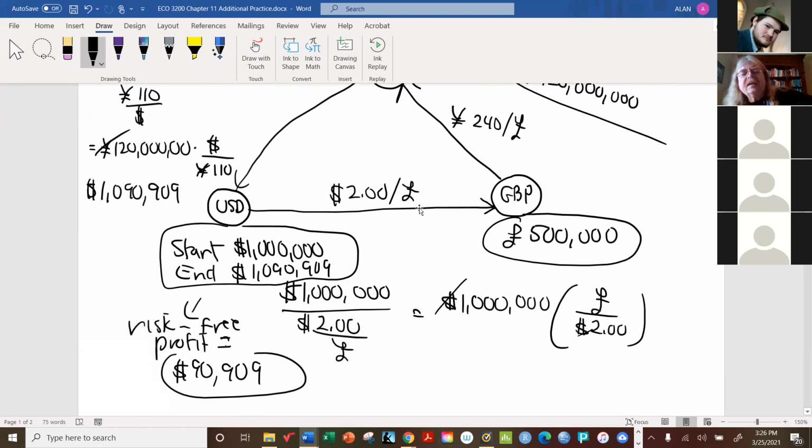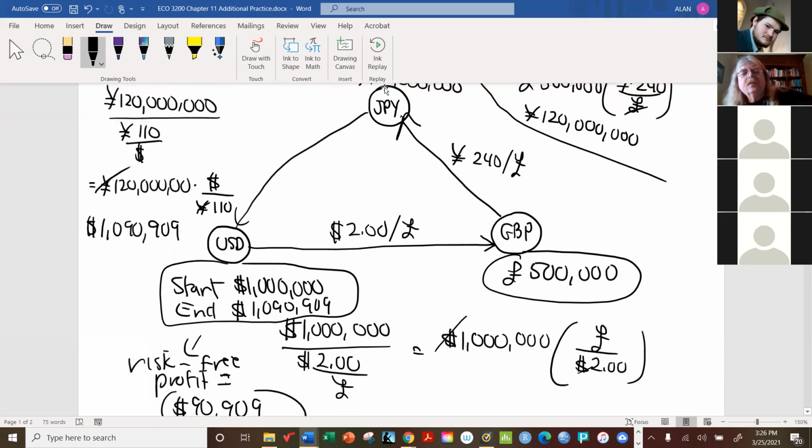Now, if you made a mistake and you went the opposite direction, in other words, if you went clockwise, you would have ended up with fewer dollars than you started out with, which means you just went the wrong direction. Okay, so again, there's only two things you can do. You can go clockwise or counterclockwise. One of them will make you money, one of them will lose you money.